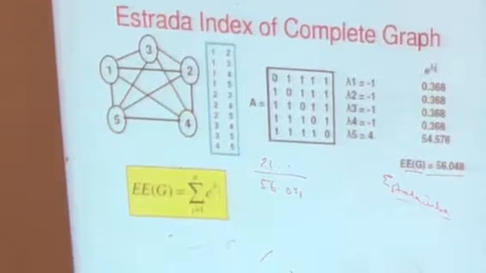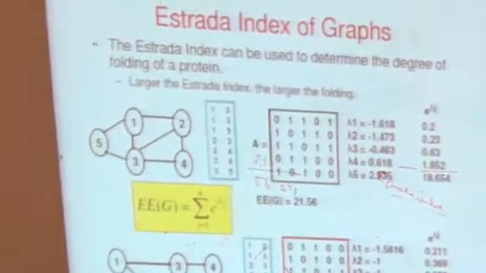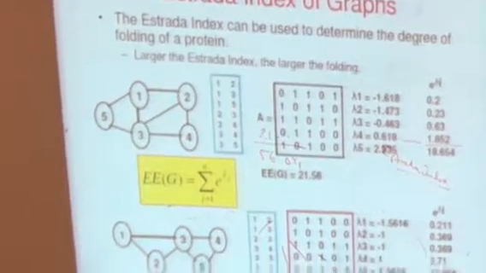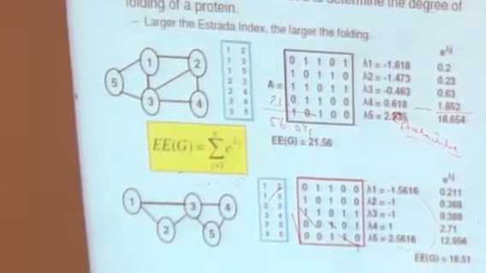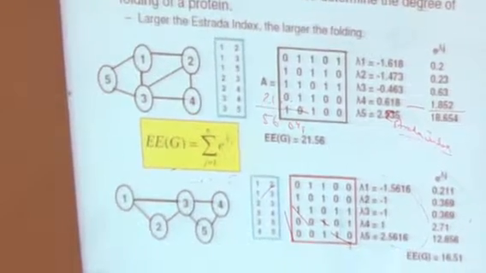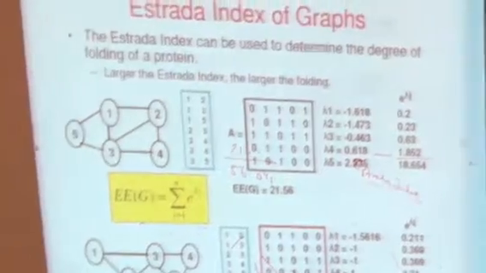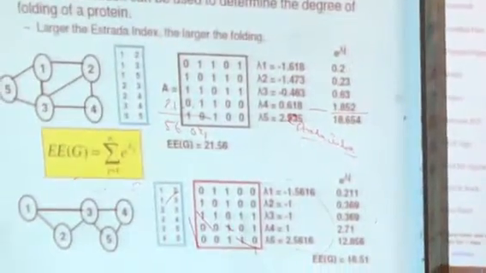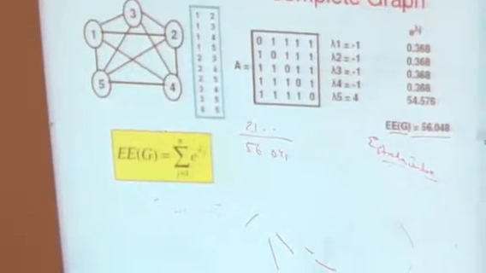So given the graph, you can find its eigenvalues, right? You can find the Estrada index, which is the sum of all the e to the power of eigenvalues. It comes out to be 21.56. Is that clear? Now, you see there are 5 vertices, so draw a complete graph of 5 vertices.